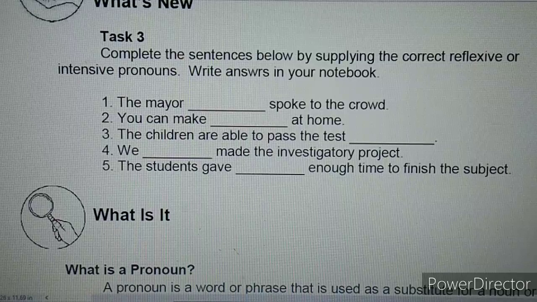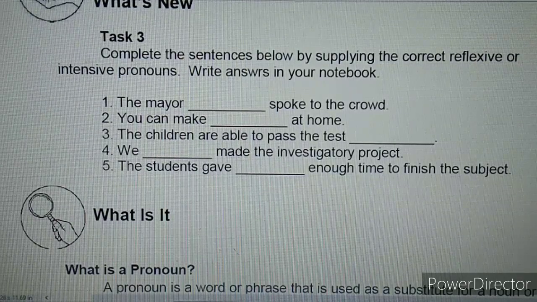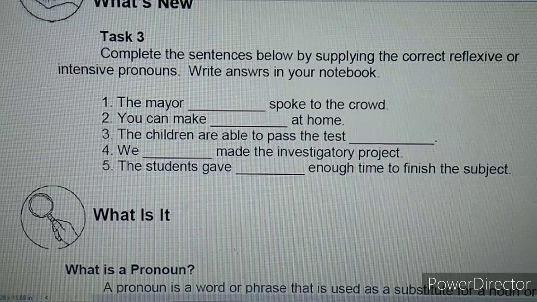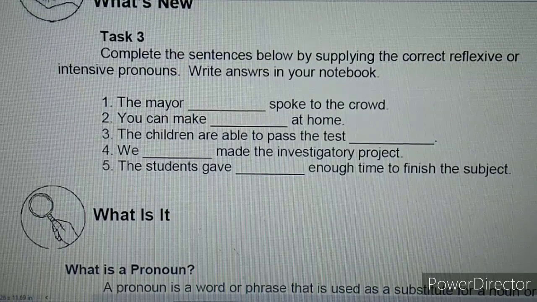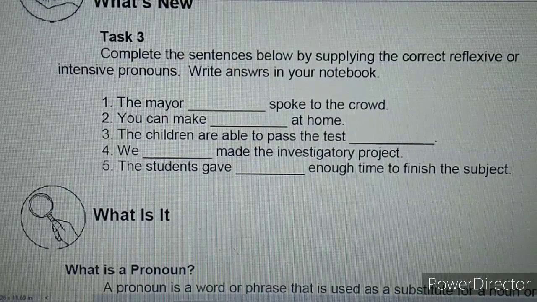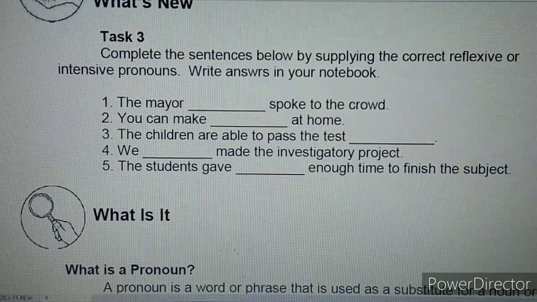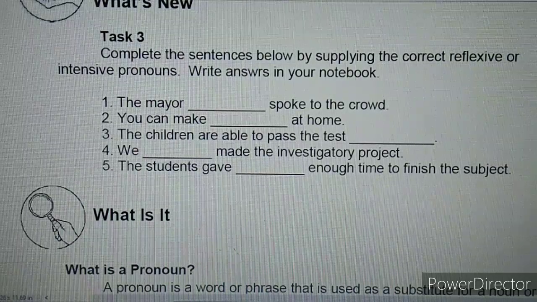Using the subject children, the correct answer for number 3 is themselves. Number 4. We blank made the investigatory project. Using the pronoun we, the correct reflexive or intensive pronoun for number 4 is ourselves.